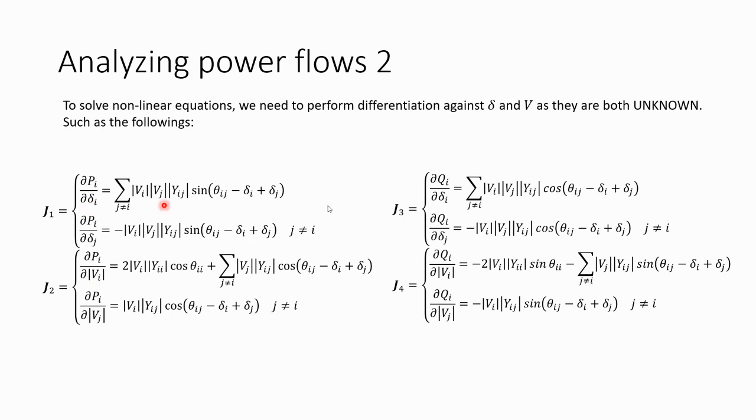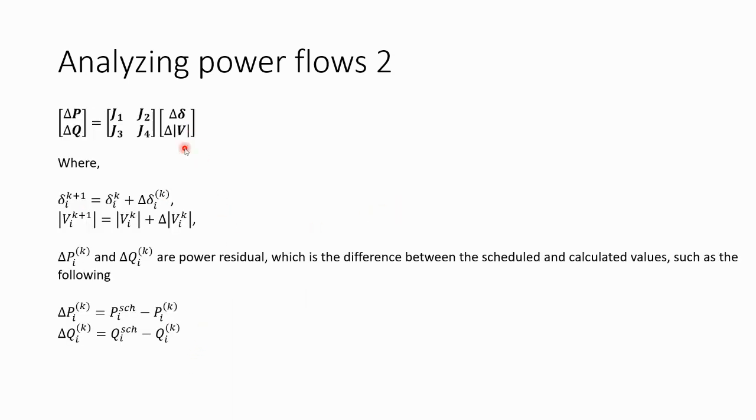So if we factor out the delta and the V and put them inside a matrix like this one, and multiply them together, and if these two values represent the change, we will obtain the change of P and Q as well.